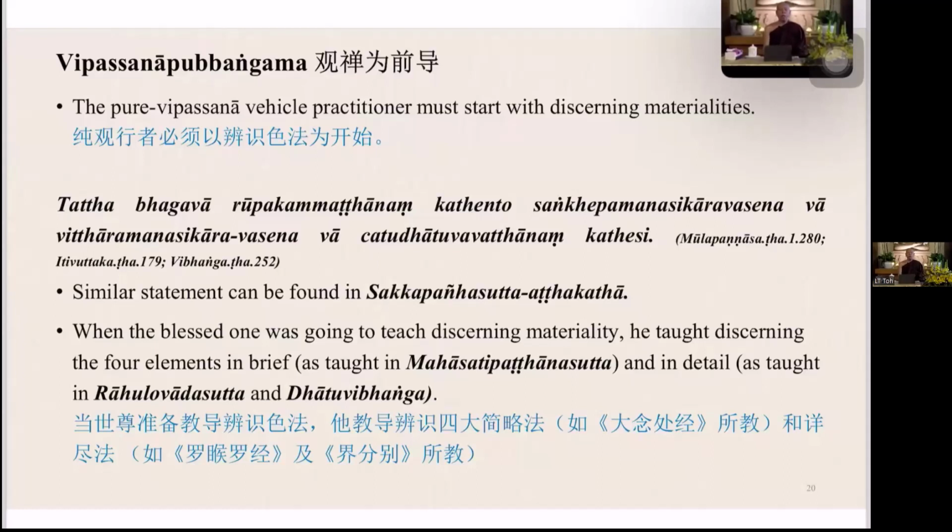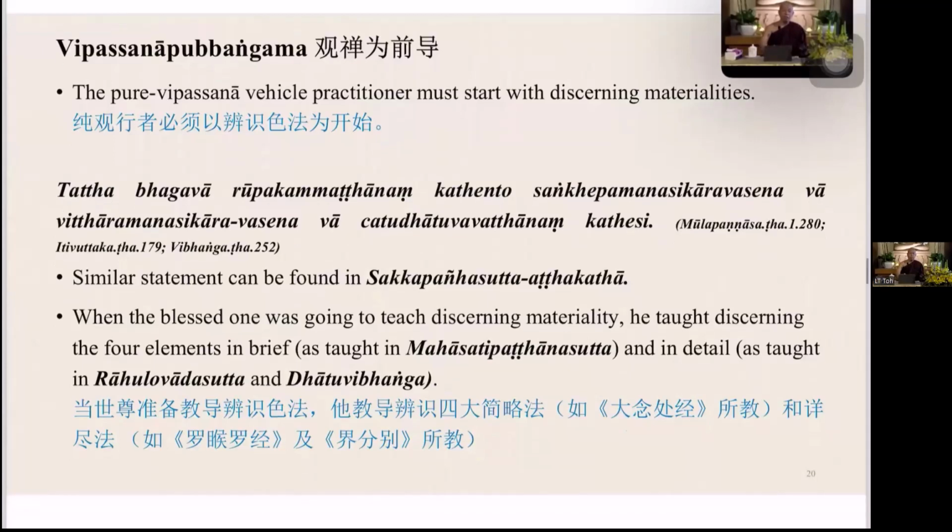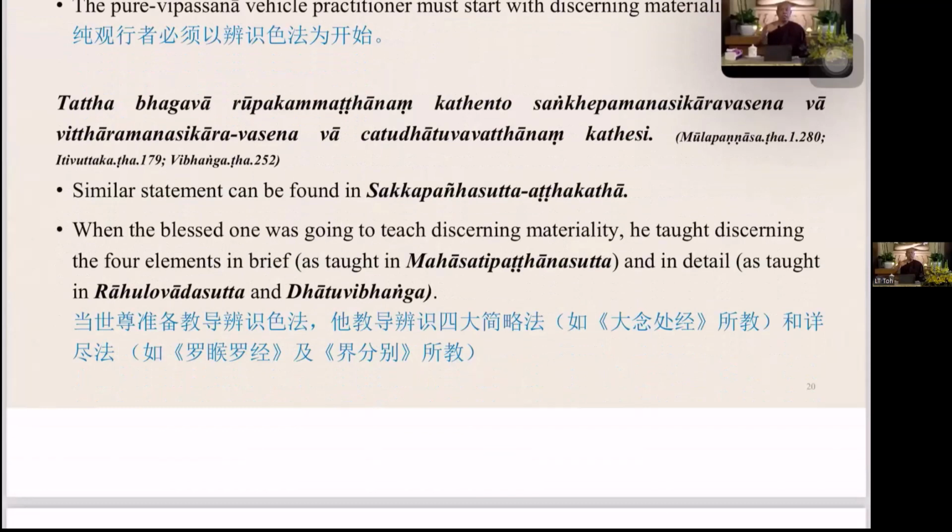So when we are going to talk about samatha-yanika and pure vipassana-yanika, there will be many different angles. For example, although we practice Anapanasati, we cannot attain jhana. Then we just attain access concentration. Then can we practice Vipassana?